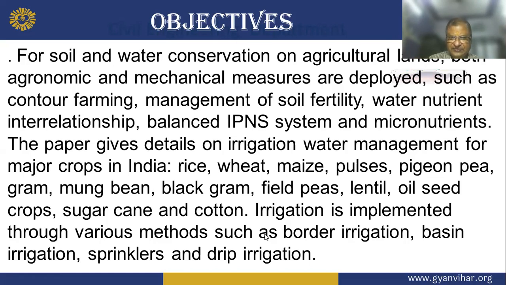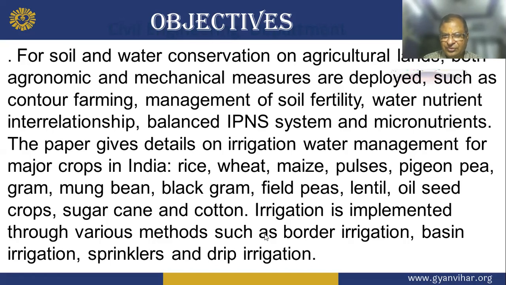The paper keeps detail on irrigation, so water management for major crops in India: rice, wheat, maize, pulses, pigeon pea, gram, moong bean, black gram, field peas, lentil, oilseed crops, sugarcane, and cotton.